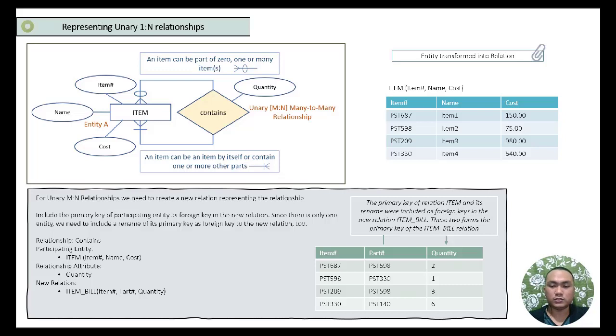Now we have this new relation schema, item underscore bill, with the following fields: item number, part number, and quantity. The primary key of relation item and its rename were included as foreign keys in the new relation item underscore bill. These two form the primary key of the item underscore bill relation.